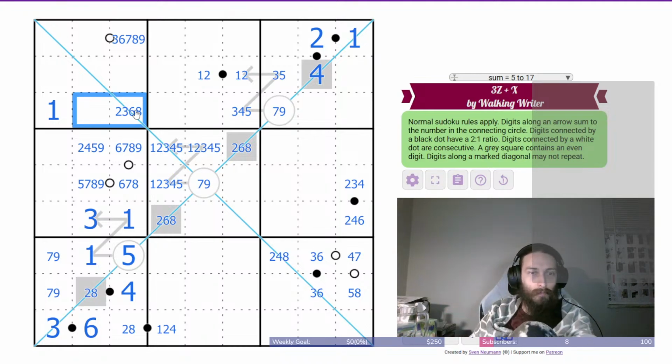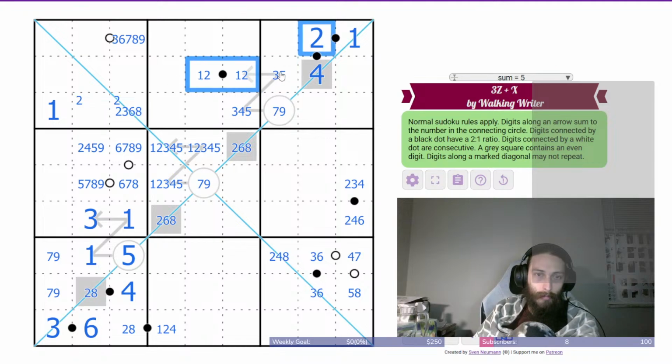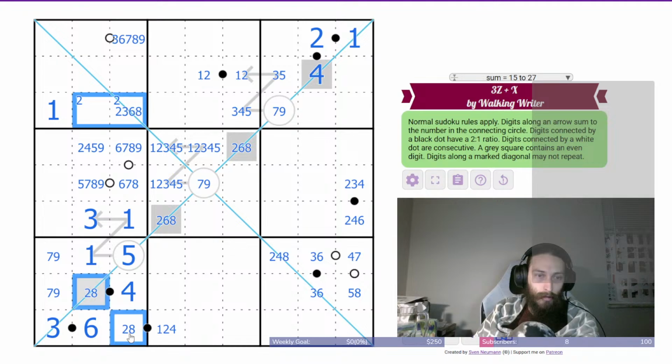Excuse me. 2 has to be one of these 2 on the bottom to combine with this 2 and that one too. So then 2 here and here force 2 in this group. So this isn't a 2.